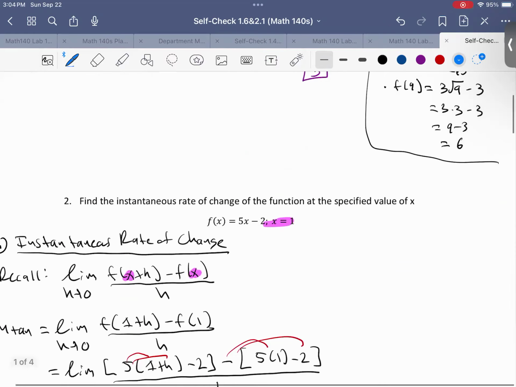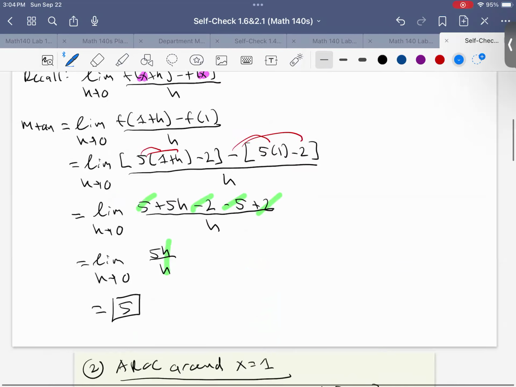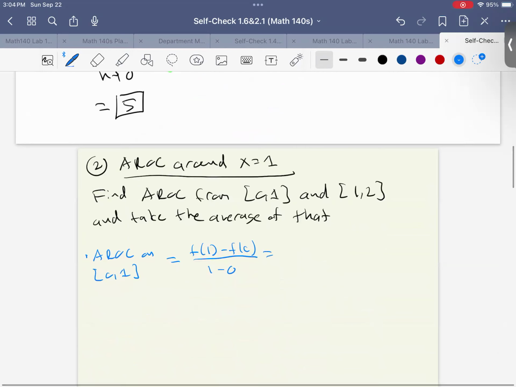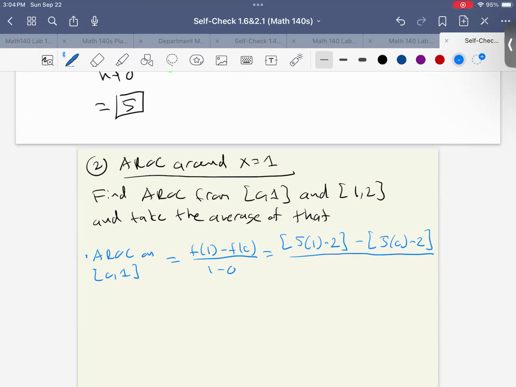We're still using this guy up here, 5x minus 2. So this becomes 5 times 1 minus 2 minus 5 times 0 minus 2. Okay, and this is all over 1. 1 minus 0 is 1.